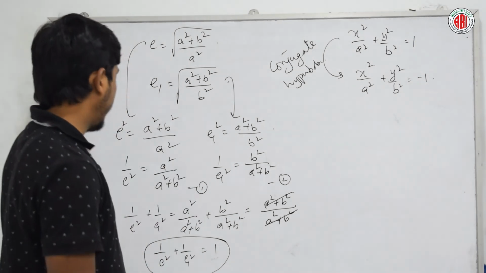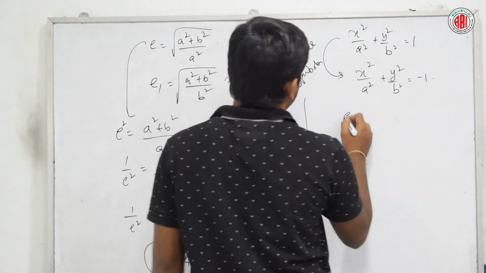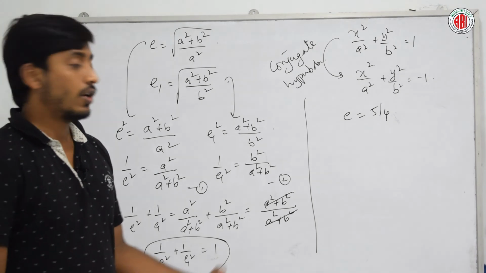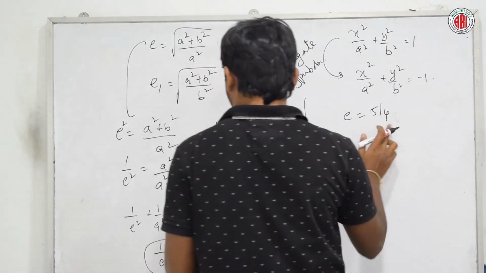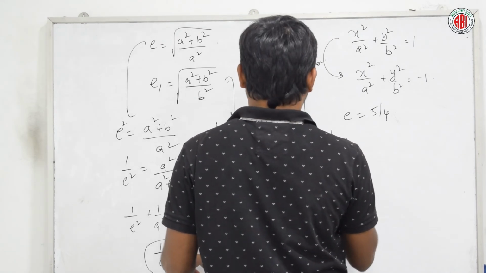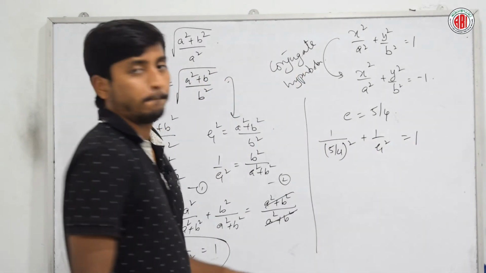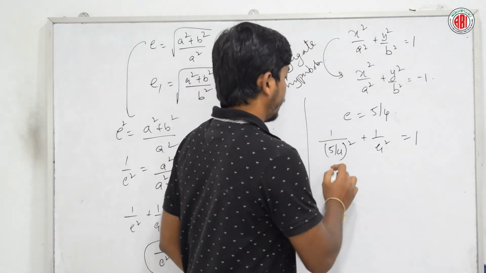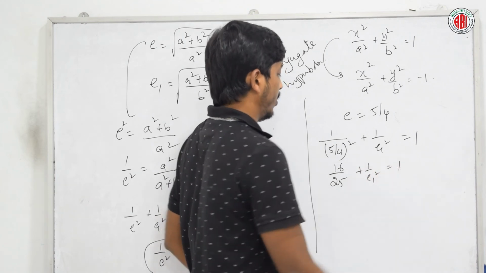Right? What if I give the eccentricity of one hyperbola? There is one question. The eccentricity of a hyperbola is 5 by 4. Find the eccentricity of its conjugate hyperbola. Okay, then let us substitute this 5 by 4 here. 1 by (5 by 4) whole square plus 1 by e1 square is equal to 1. Then reciprocal it: 16 by 25 plus 1 by e1 square is equal to 1.